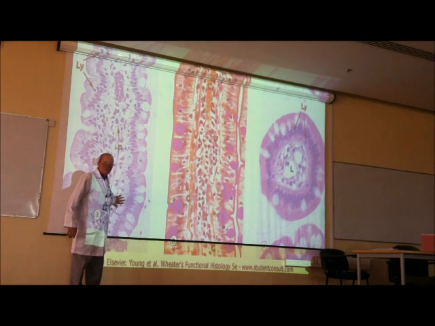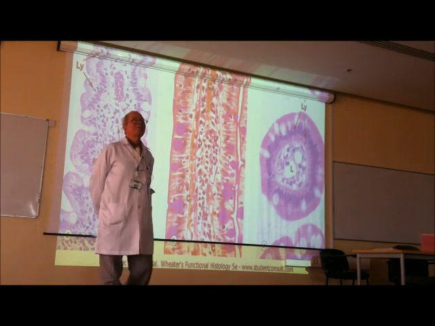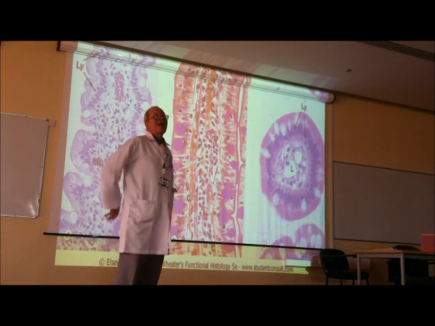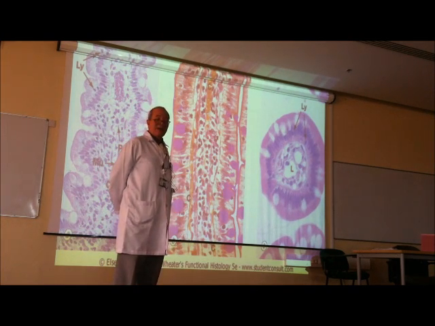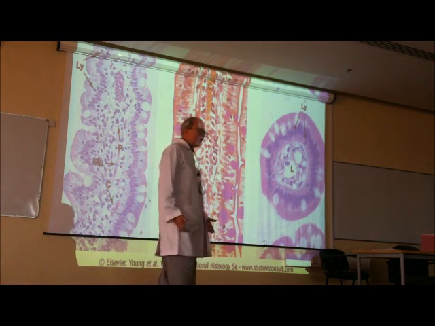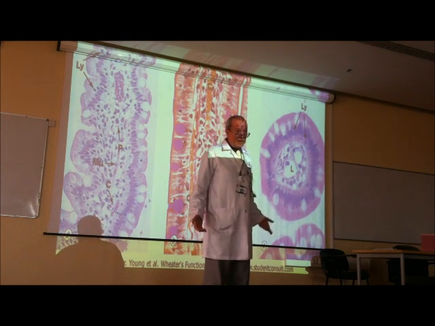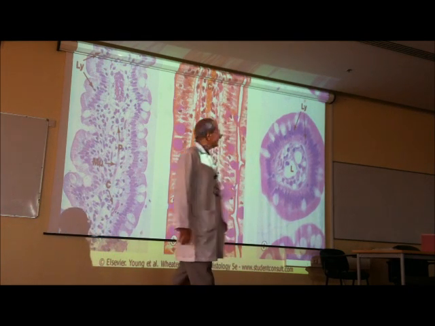So what is this type of epithelium? Simple columnar with goblet cells, and they have a brush border. I may ask about the nuclei, I may ask about the type or the function of the epithelium, I may ask about the brush border, and so on.